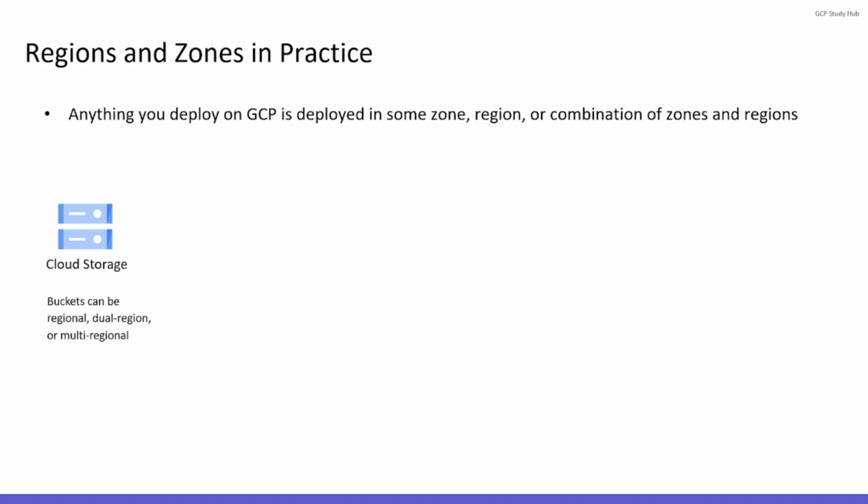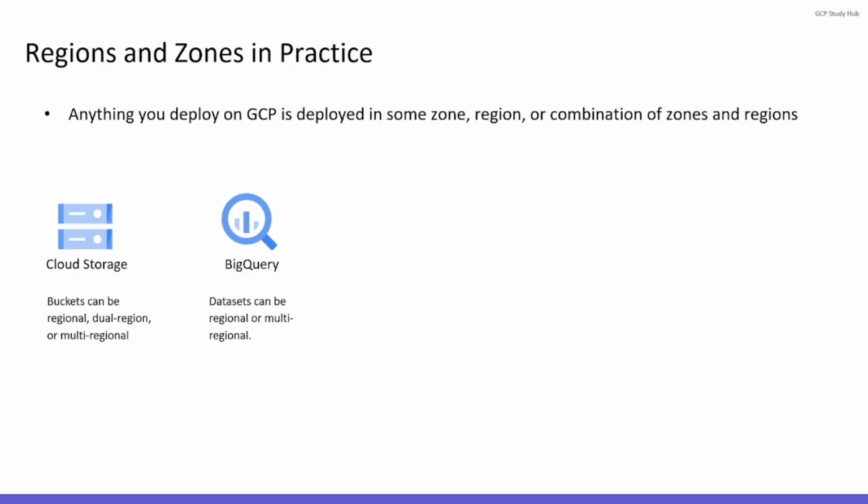Buckets in cloud storage can be regional, dual region, or multi-regional, meaning you have the flexibility in where your data is stored and how it's replicated.